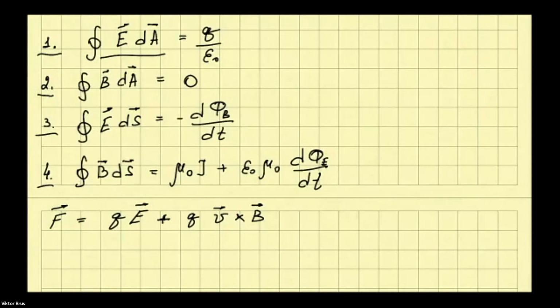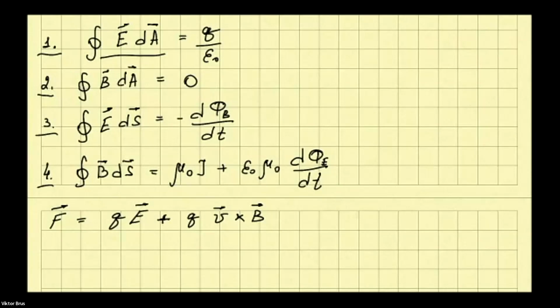So we already discussed two sources of electric field with equations 1 and 3, which stand for electric charge and the time-varying magnetic field. Equation 2 doesn't give us any sources of magnetic field because this integral, the magnetic field flux over a closed surface, is always equal to 0.